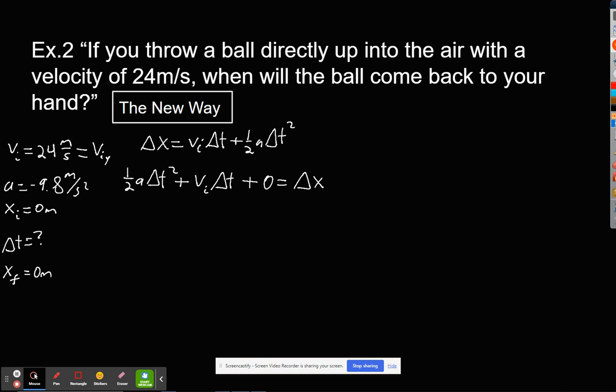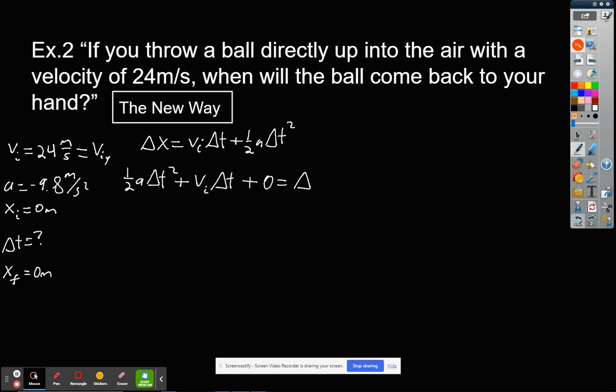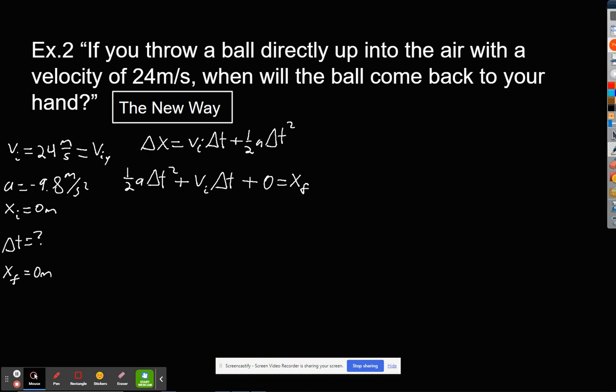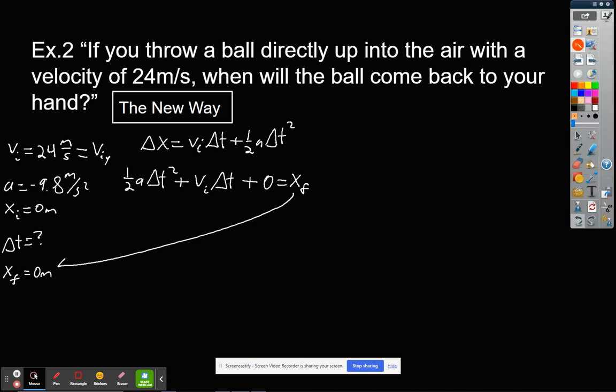Really, again, since I'm putting a plus 0 here, that's my initial position. So this delta x, I really should write that as x final, since we're interested in knowing when our final will get back to 0. Oftentimes, we can interchange final position with delta x, but only if we started at 0.